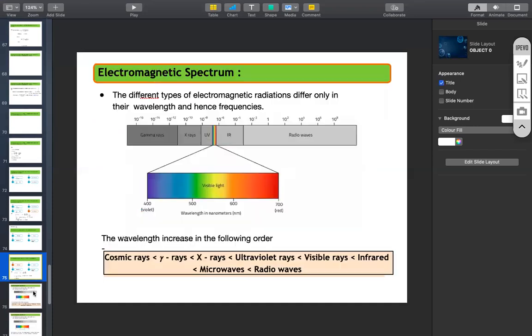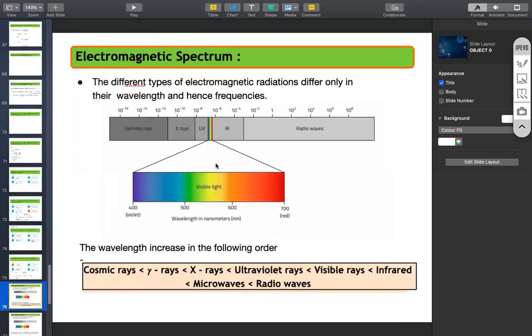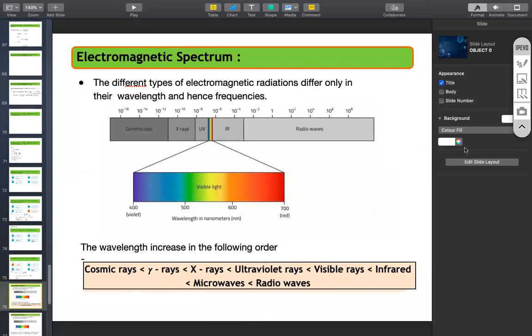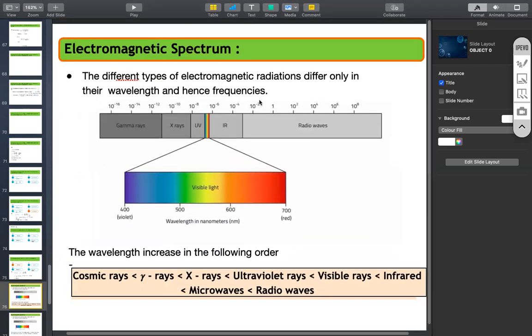Okay. Next is the electromagnetic spectrum. What is the electromagnetic spectrum? You can see what a spectrum is. Different types of electromagnetic radiations differ only in their wavelength and hence frequency. We discussed a few minutes back radiations like white light, red light, blue light and all those things.